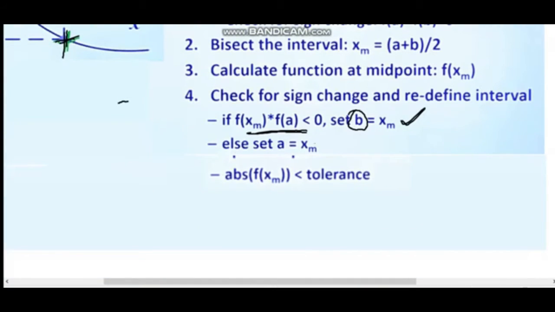Else set a equal to x m, that is, if f of x m times f of a is not less than 0, which means it is positive, then f of x m will be positive, and x m has to replace a, because a was your initial positive. Then you have to break this operation by giving this condition, and when your f of x m is less than 0.001, you have to break.